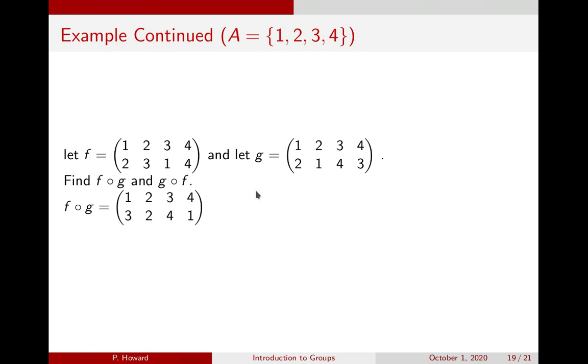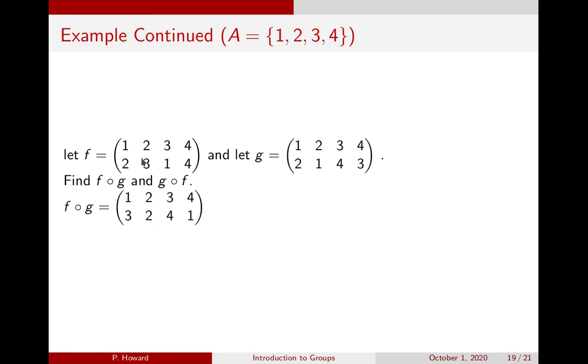This is exactly the calculation that we did earlier in the course. We're doing G and F in succession. G is done first, so we consider the number 1. G sends 1 to 2, and now we apply F to 2.